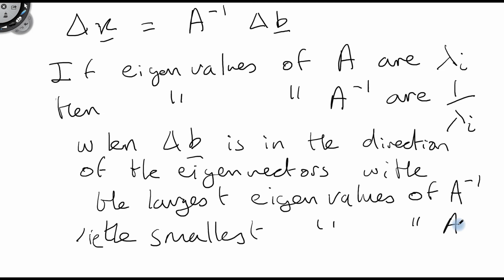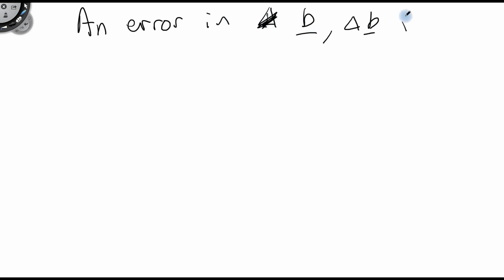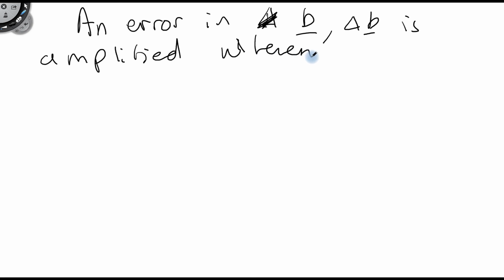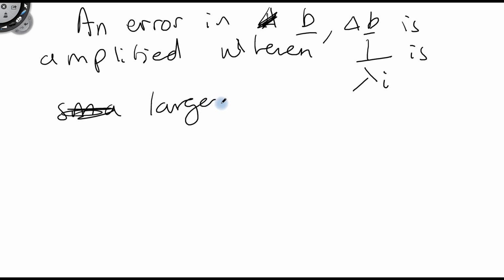Okay. So just to summarize, an error delta b in b is amplified when 1 over lambda i is largest, and lambda i is smallest.